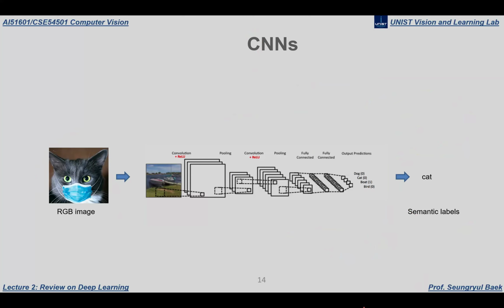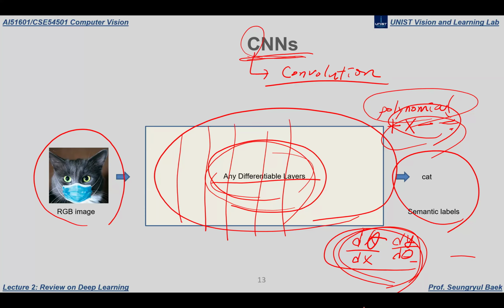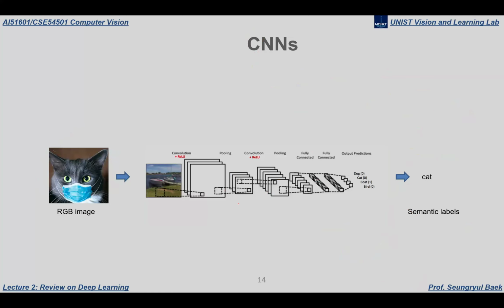This is the more fundamental characteristic, differentiability. Any differentiable layers could be here, but the CNN convolution operation is also a very effective operator for processing signals, especially one-dimensional and two-dimensional signals. So that was maybe the reason why CNNs became one of the successful deep learning algorithms.